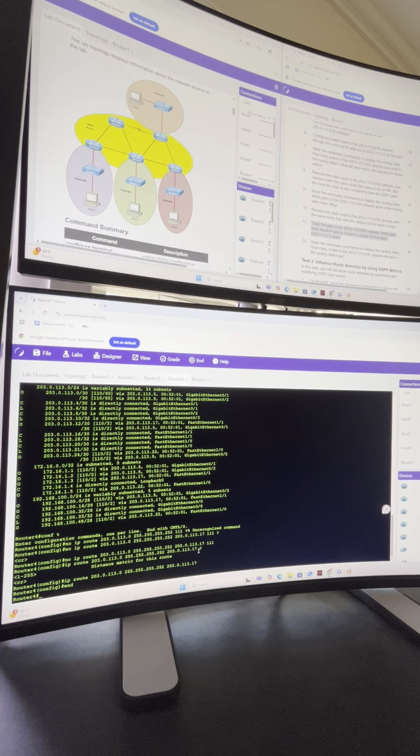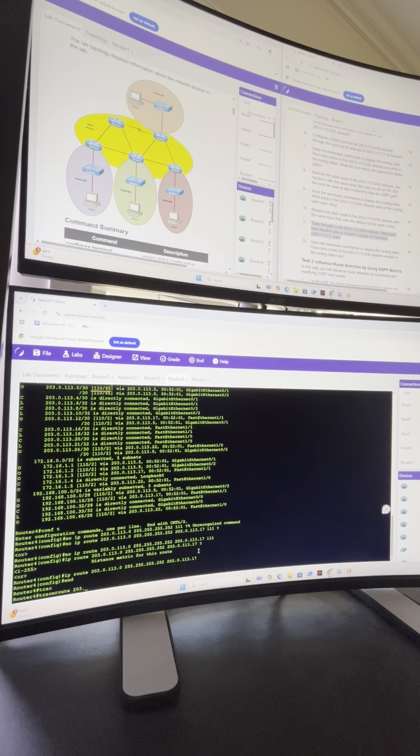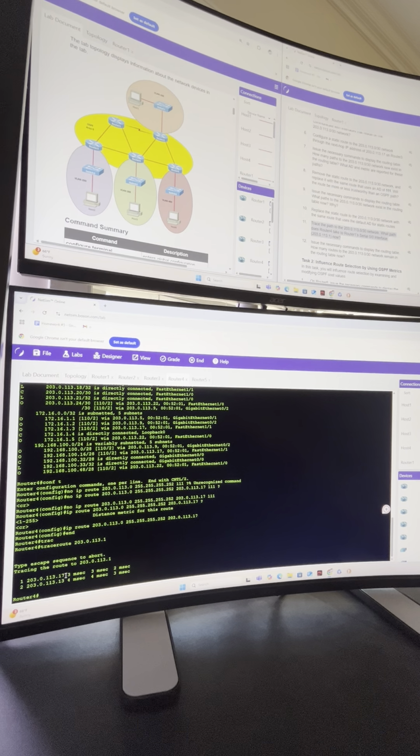Let's do an en, and let's do a traceroute to 203.0.113.1. And yes, we use this IP address of 203.0.113.17 as our first hop because we configured this static route to this network, and it is more trustworthy than OSPF, okay?